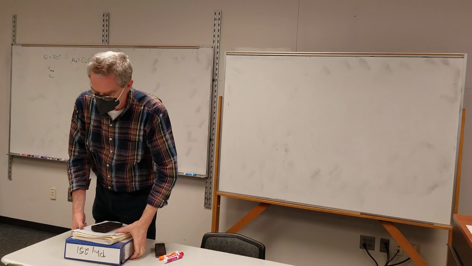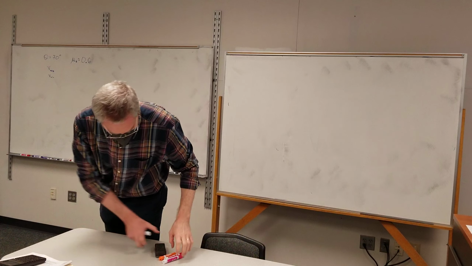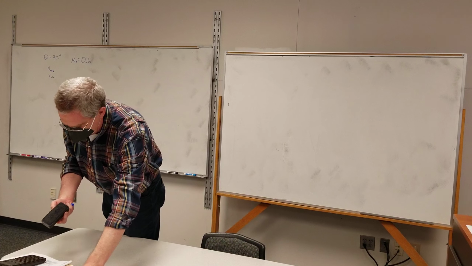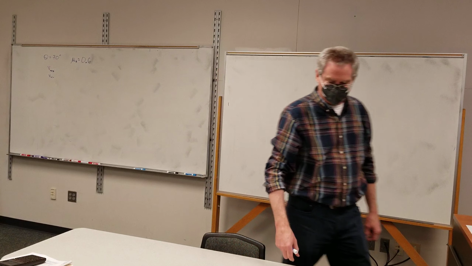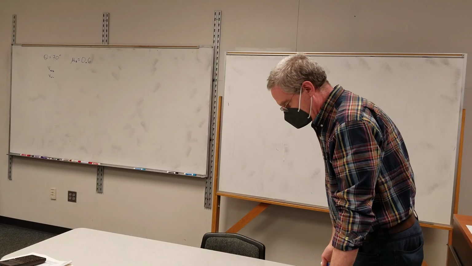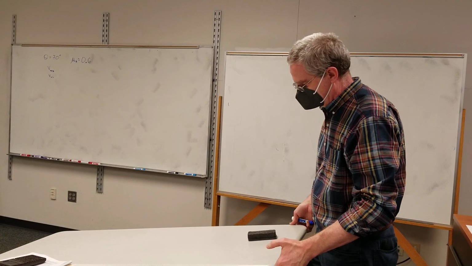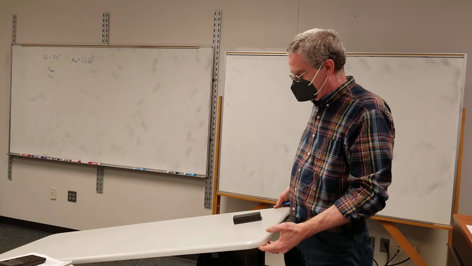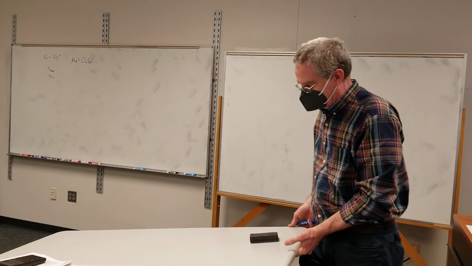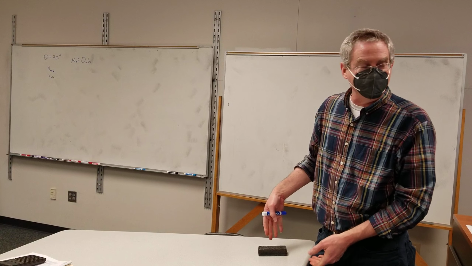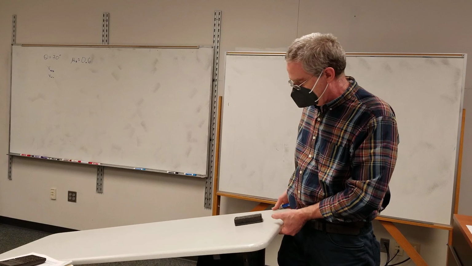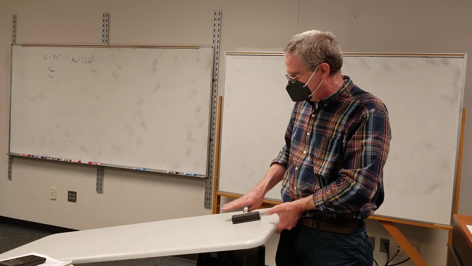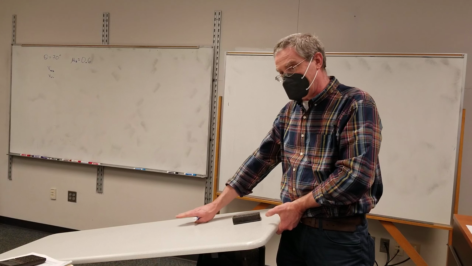Here's how you do it. Use a felt pad on a table. Static coefficient is what keeps it in place. So right now, there's very little static friction involved. We're not at that breaking point yet. As I lift it farther and farther, more of the component of the weight is down the ramp.